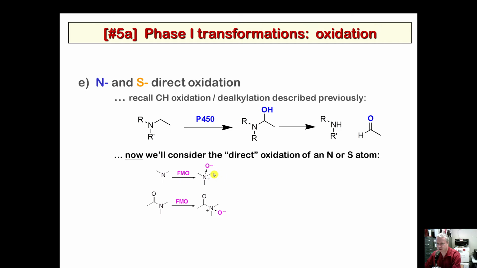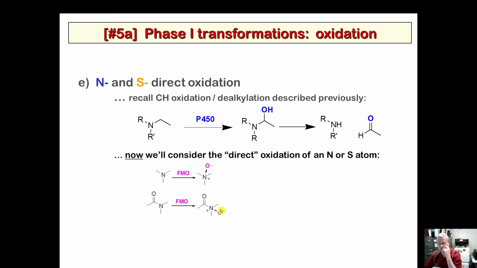Usually something else happens after this, so this is like an intermediate for something else that's going to go on. You can also imagine a tertiary amide, where the nitrogen gets directly oxidized as well, and you would get an amide N-oxide.